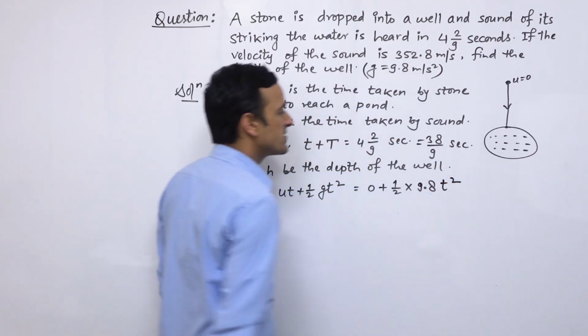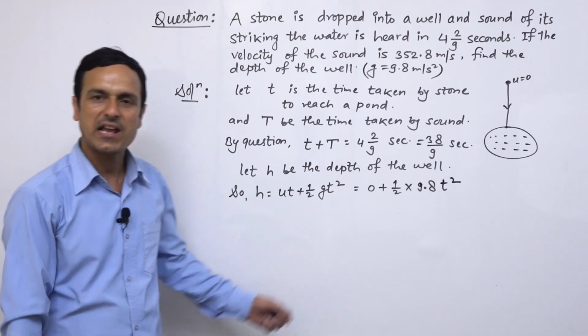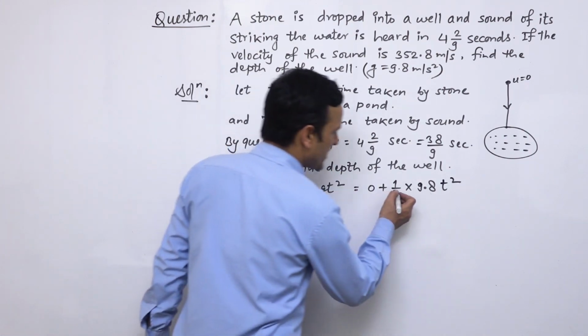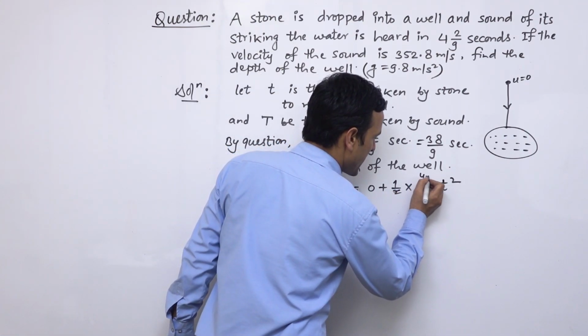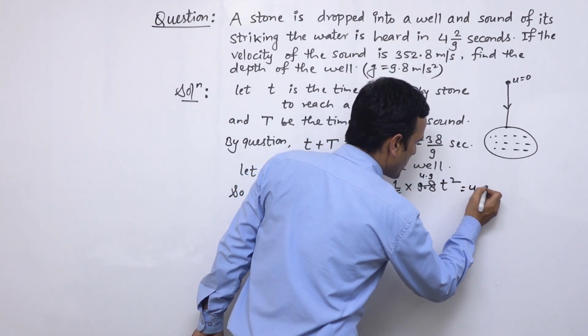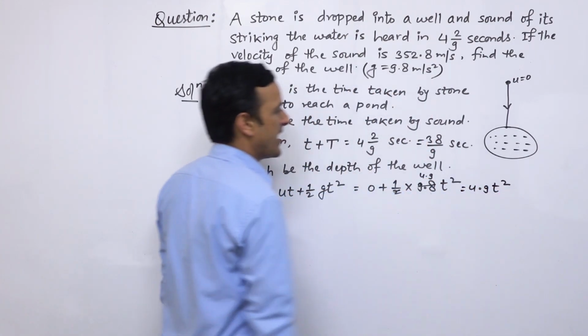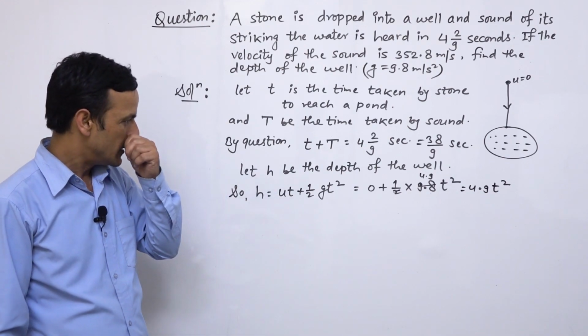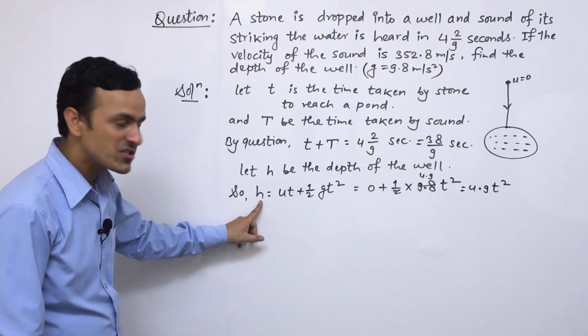We don't know the value of t here. So if you cut down this and this, it will be 4.9 t square. So this is the value of H.